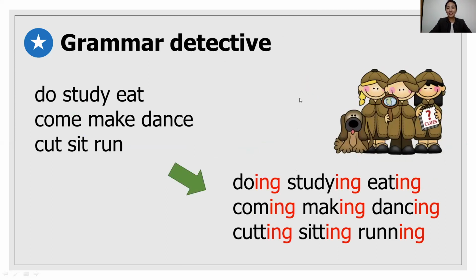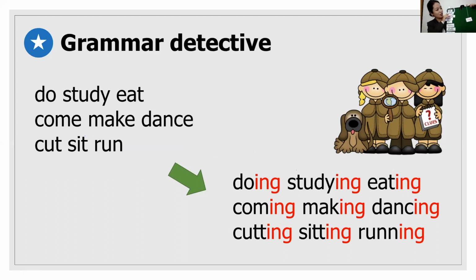All right, grammar detective. We are talking about the implicit way of learning grammar in grammar teaching techniques, right? So ask your students to be grammar detectives. Today, you are a grammar detective, like this, with a magnifying glass. Yes, you are a grammar detective.